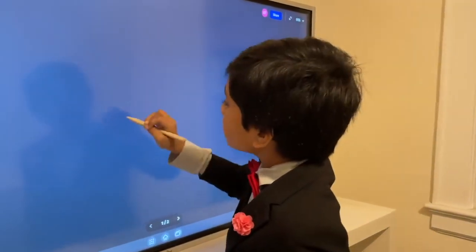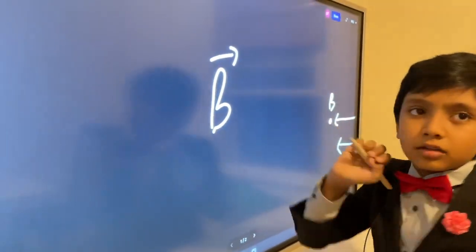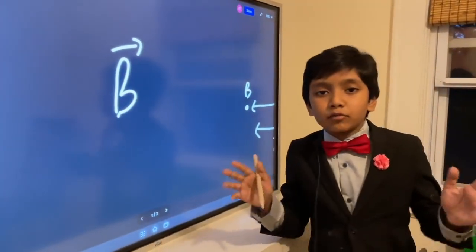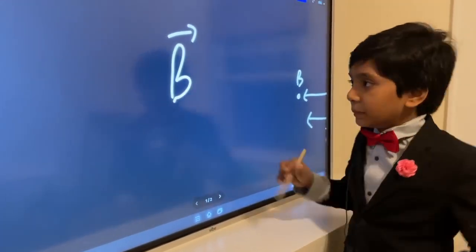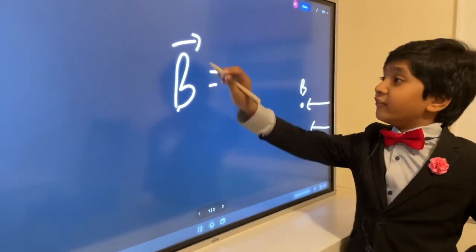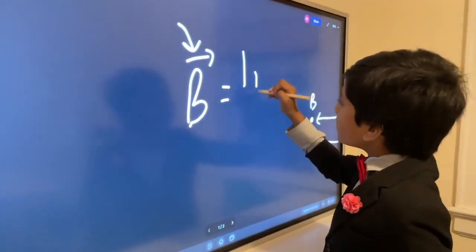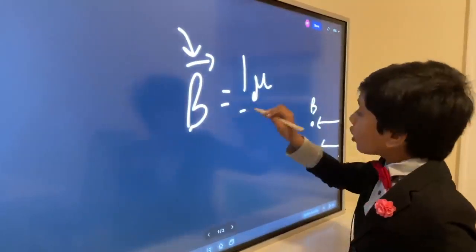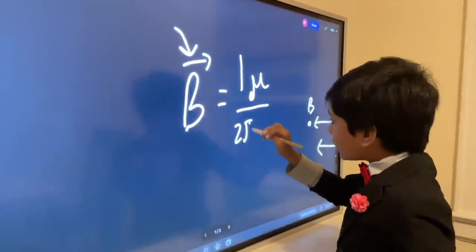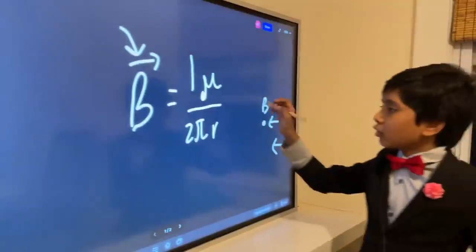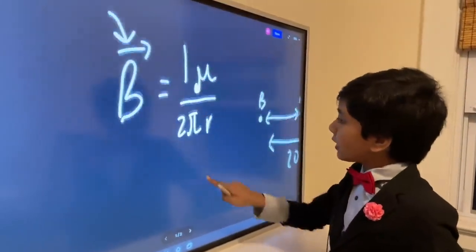What was that? Well, it was B, which is a vector, you can tell by this arrow. And then you have I mu, kind of hard to draw, then 2 pi r. That is our equation, and now let's plug everything in.